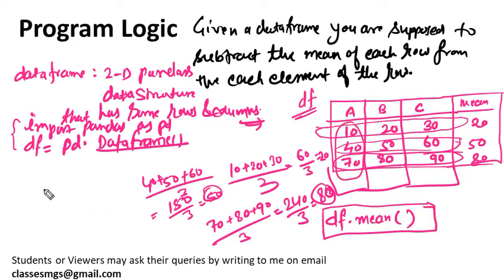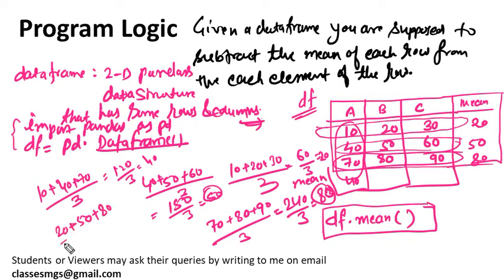That means 10 plus 40 plus 70 is 120, divided by 3, and that will be 40. So 40 is the column wise mean of the first column. 20 plus 50 plus 80 is 150, divided by 3, and it will be 50. So 50 is the mean of the second column.